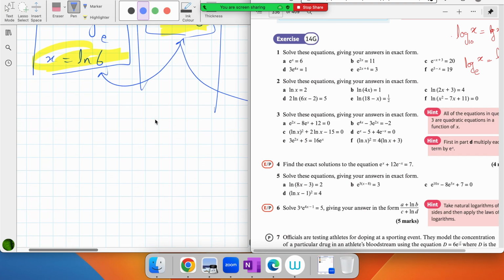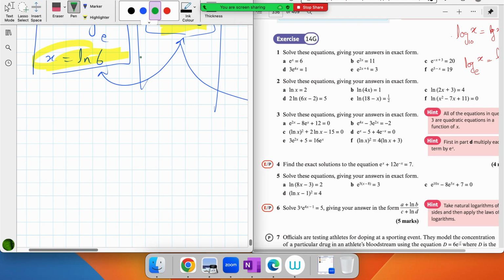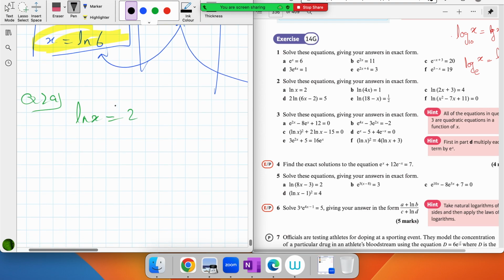Look at question number 2a. 2a says ln x is equal to 2. Now this is logarithmic form. We'll change it into index form to make x the subject. So x is equal to e raised to power 2. Again, just punch in the number. e square is 7.39.